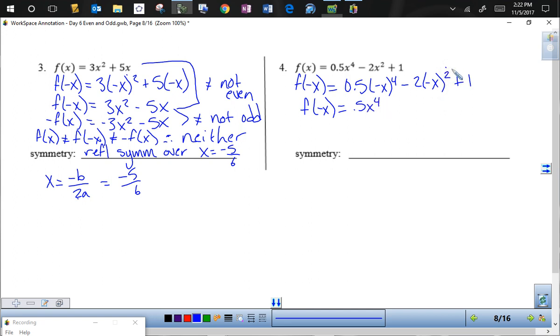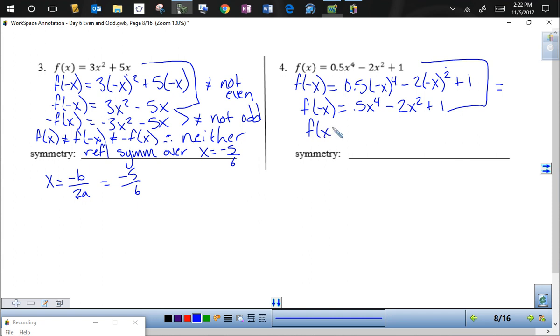This ends up being positive, so we take negative 2 times x squared, and just drag down that plus 1. First job is to compare what we're given to what we have now, and you'll notice those look just the same. If they are equal, we will say that they're equal.